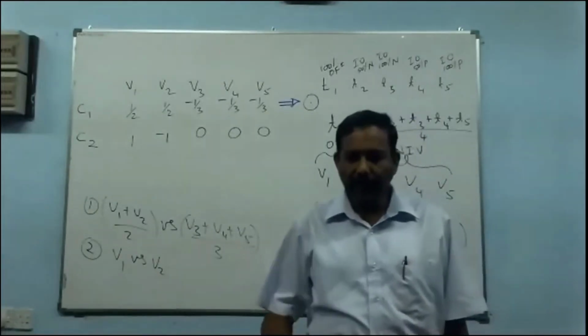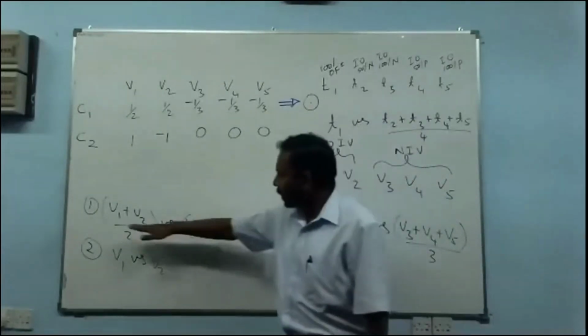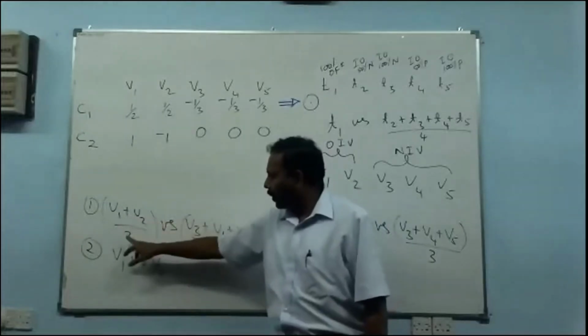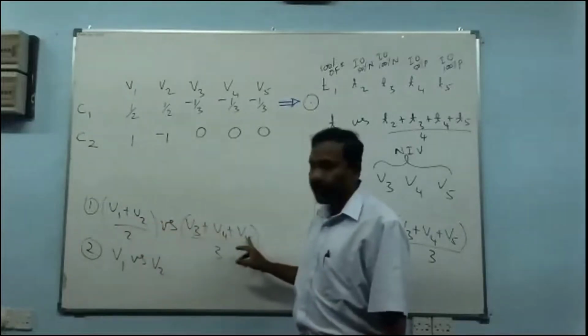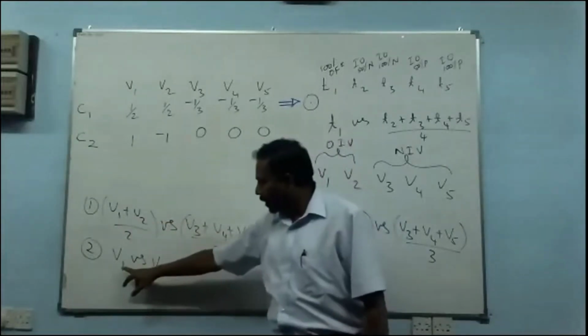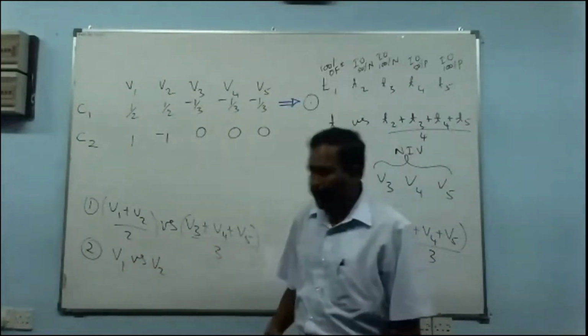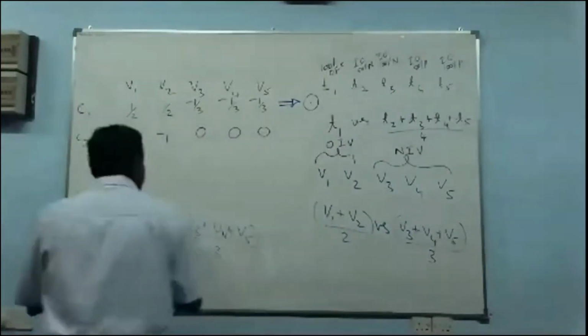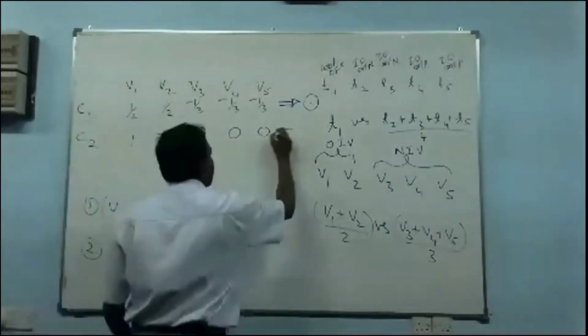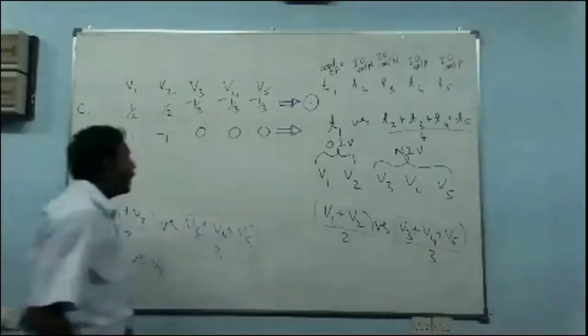That is called the second contrast. In the first contrast, I am comparing V1, V2 versus V3, V4, V5. In the second contrast, I am comparing V1 versus V2. Now look at the addition of the coefficients here. What is the answer?